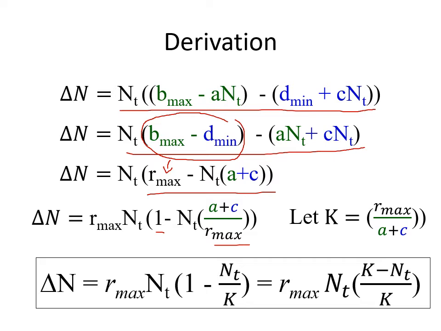And we define K as R max divided by A plus C. So if you look at that, you see that that's just the inverse of what we have here, and so that leads to the K in the denominator in the classic logistic growth equation.